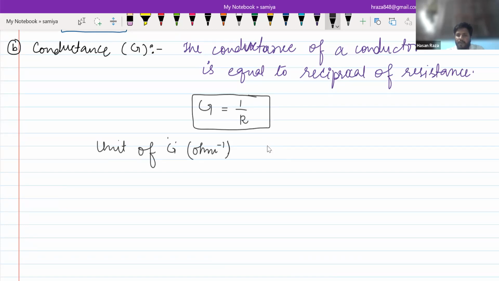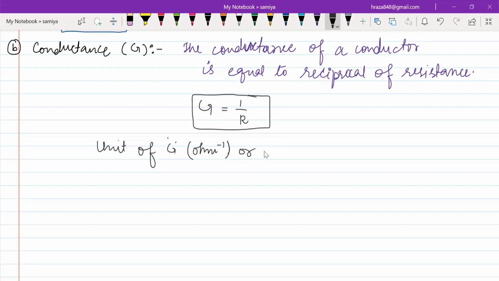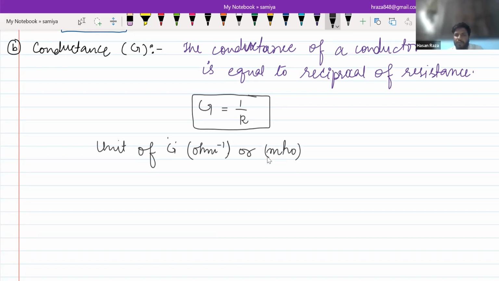Yes or no? Yes, sir. Now this per ohm is also known as mho. It is just the opposite of ohm. And this is also known as Siemens, and we denote it by S.